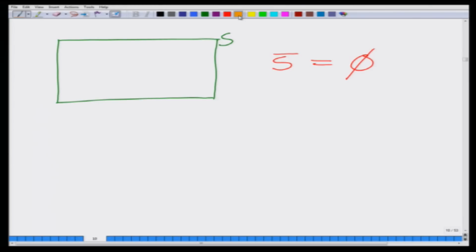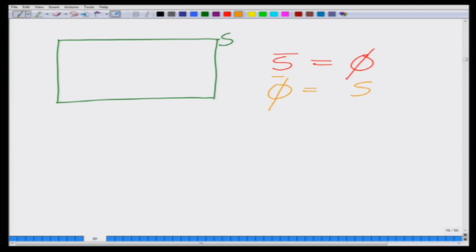And similarly, phi complement is S, because phi complement is the complement of the empty set. All the sample points not in the empty set, which does not contain any sample point, therefore the complement of the empty set is basically all the sample points in the sample space, which is the sample space itself.